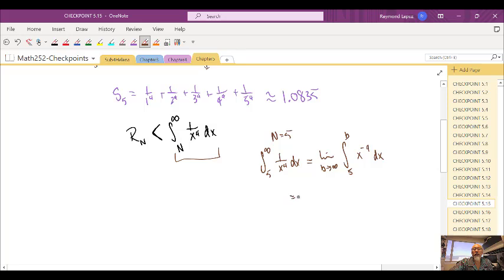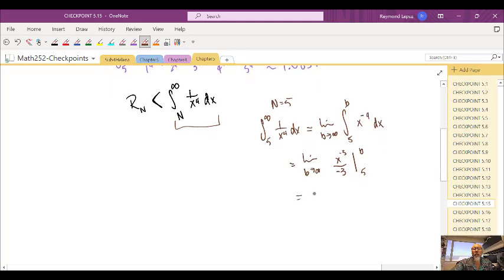Now let's integrate. We have the limit as b goes to infinity. The antiderivative adds 1 to the power, so negative 4 plus 1 is negative 3: x to the negative 3, divided by negative 3, evaluated from 5 to b.